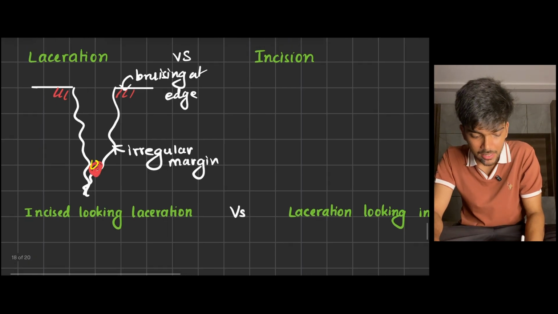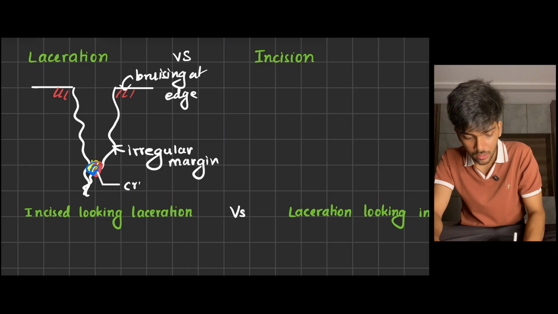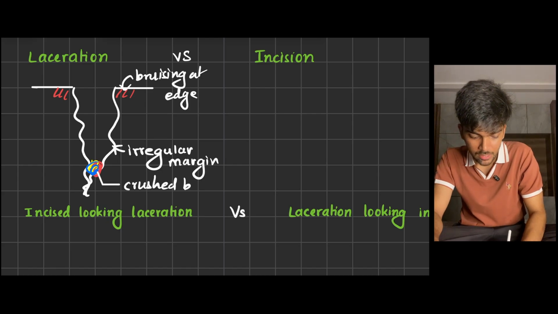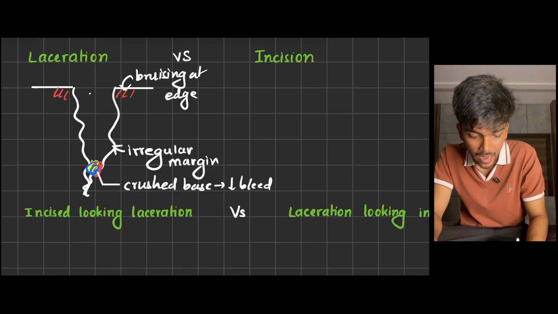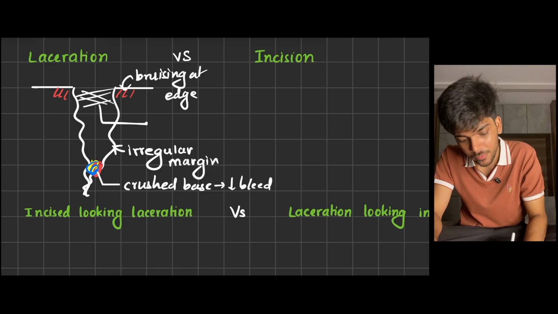The base is crushed. Since the base is crushed, the blood vessel is crushed and there is less bleeding, and tissue bridges.